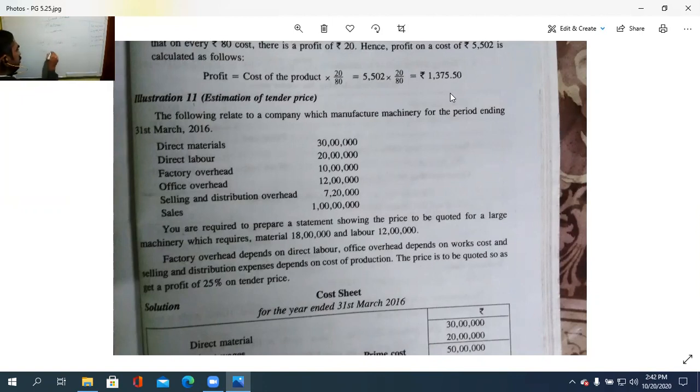And office overhead, how much? 12 lakh. So it is 72 lakhs. So it is office cost or cost of production. And selling and distribution overheads, how much is it? 7,20,000. So it is 79,20,000, isn't it?